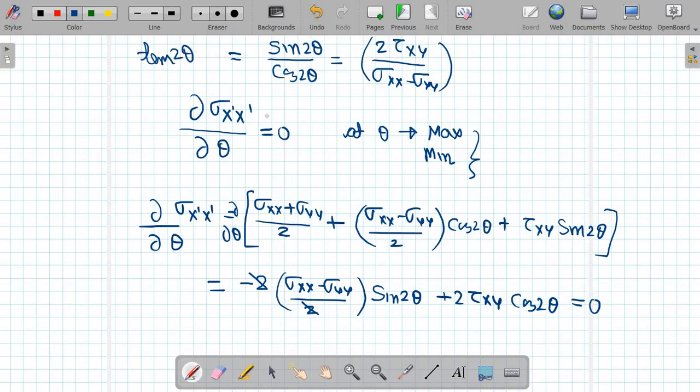So tan 2 theta will be like that. At this particular angle, either the normal stress or the stress in the x dash direction will be either a maximum or a minimum. So this is the angle. Okay, now come to the previous page.